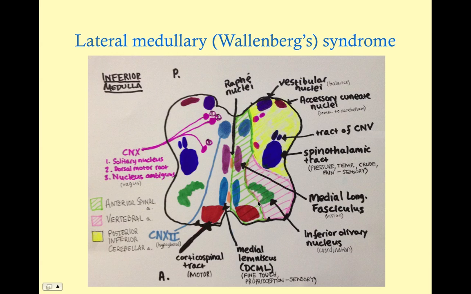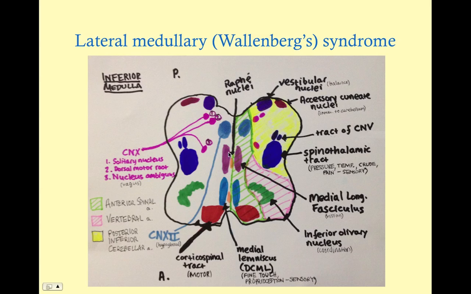Okay, so in red here you've got your corticospinal tracts. These are your pyramids that are supplying your motor function. So these are upper motor neurons going down to their lower motor neuron destination. This is the medial lemniscus, so this is part of the DCML tract, responsible for fine touch, proprioception, and sensation.